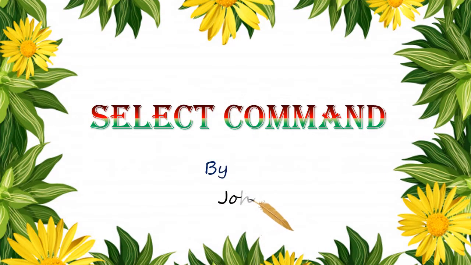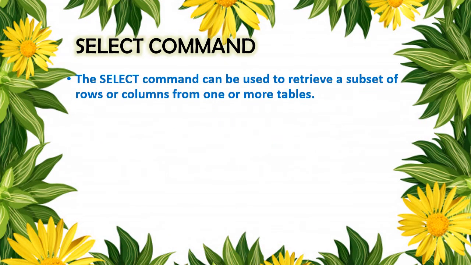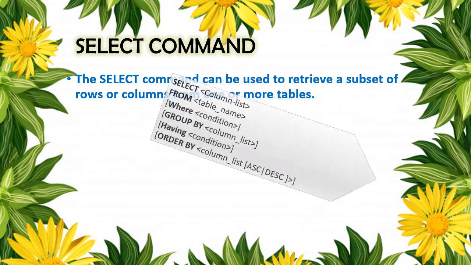In this video, we are going to see about the select command in SQL. The select command is used to retrieve a subset of rows and columns from one or more tables.